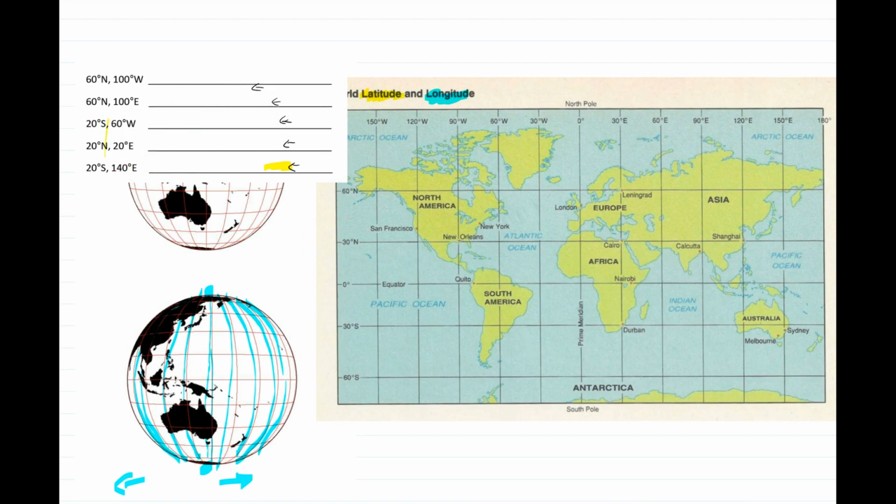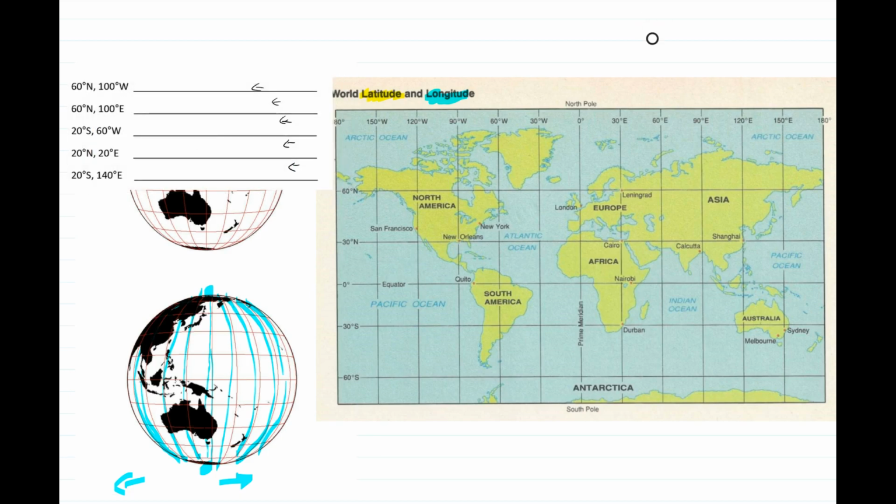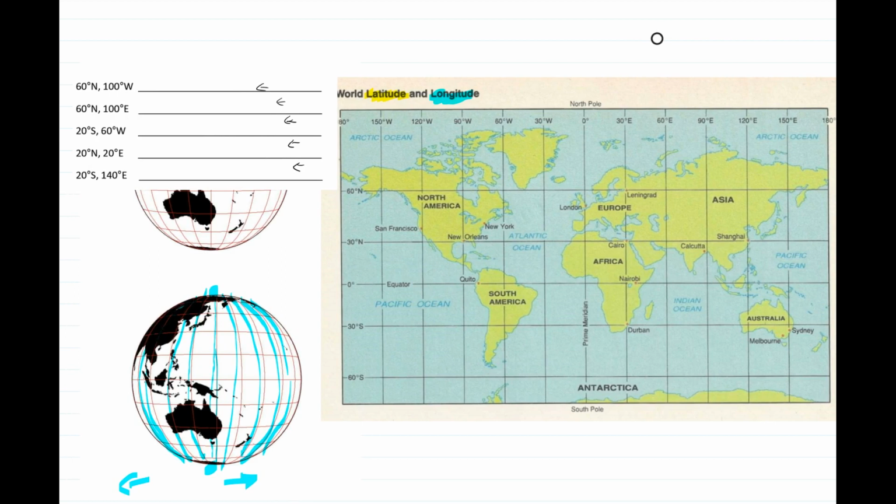Make it a bit easier for ourselves. Okay, so we've got 60 degrees north, 100 degrees west. So we're starting from, see how it says north? Okay, so our first one is our latitude, followed by our longitude.